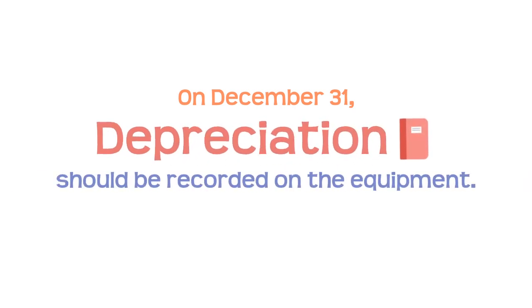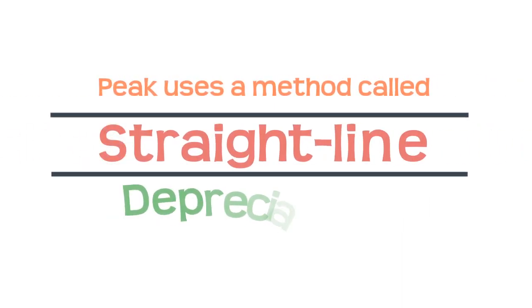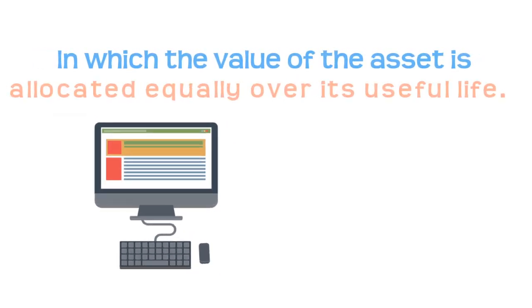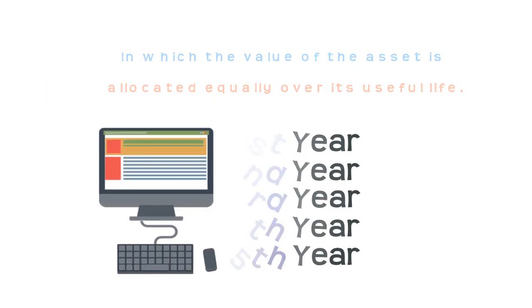On December 31, depreciation should be recorded on the equipment. Peak uses a method called straight-line depreciation, in which the value of the asset is allocated equally over its useful life.